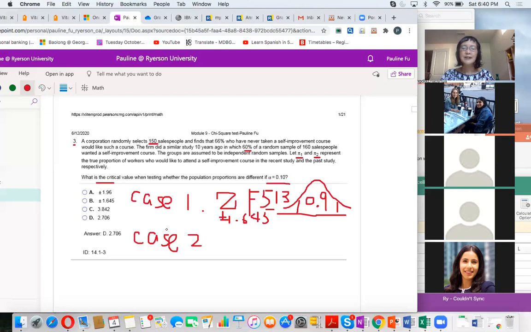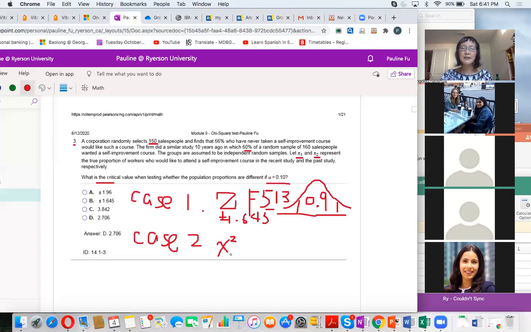But we are saying when you compare two population proportions, you can use not only the z-test, you can also use the chi-square test. If it is a chi-square test, the question is, what is the critical value? Okay, so that is the question we are going to answer in the next example.